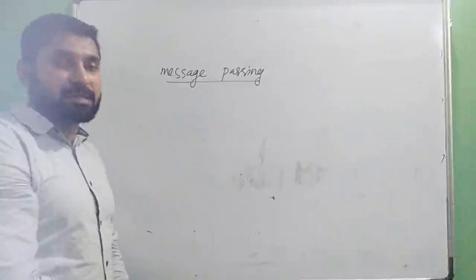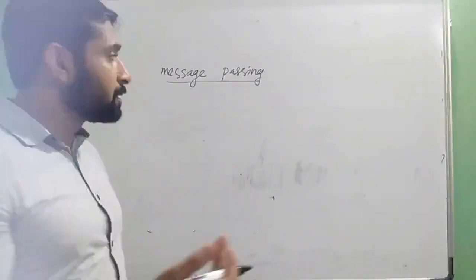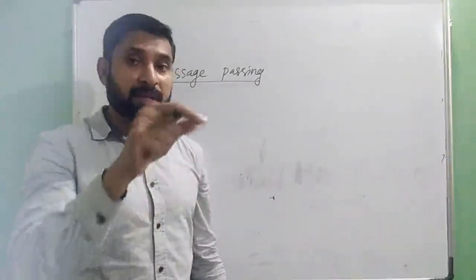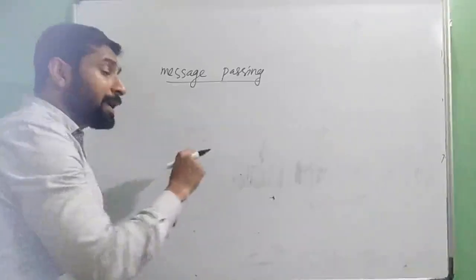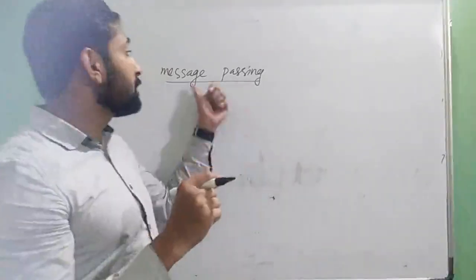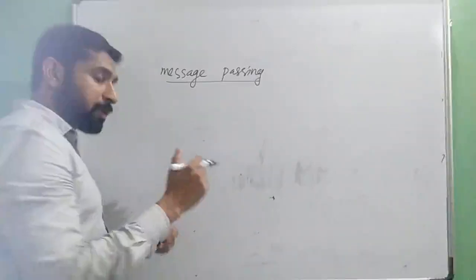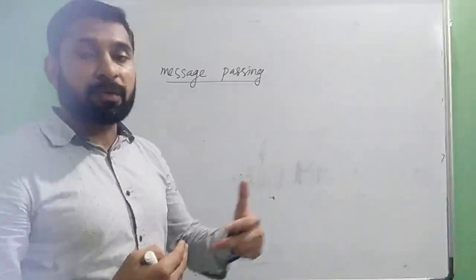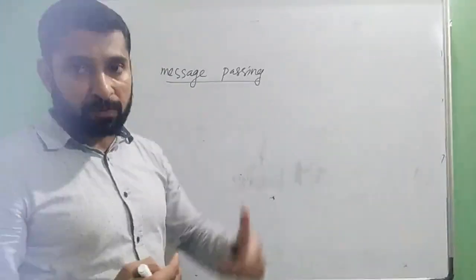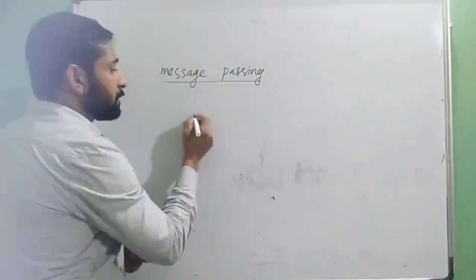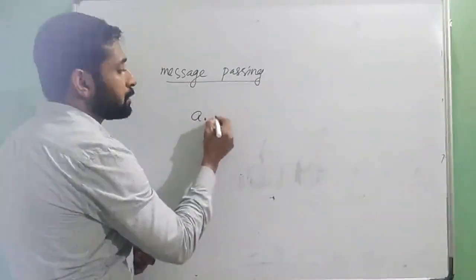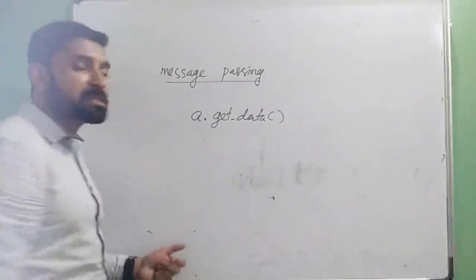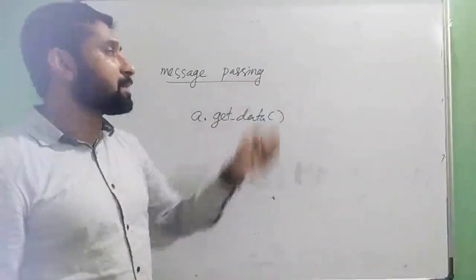So for accessing members inside a class, we call member functions of the class. Calling a member function inside a class is called message passing. From another class or another section, when we want to access the data members of a class, we call the function like this, say a dot get data. This type of call is called message passing.